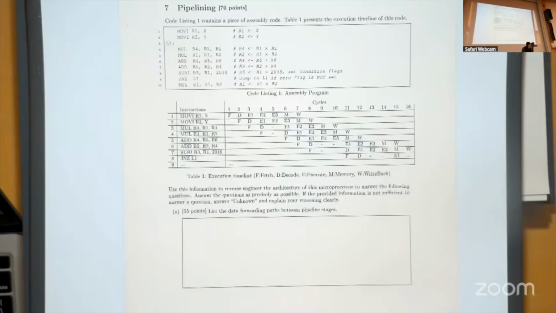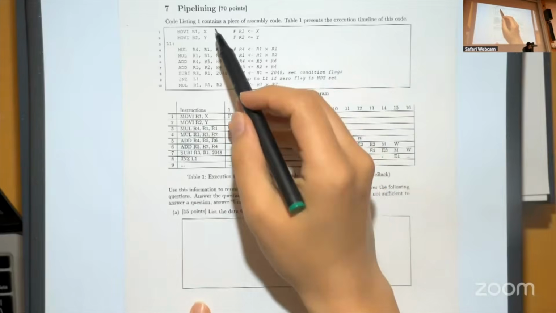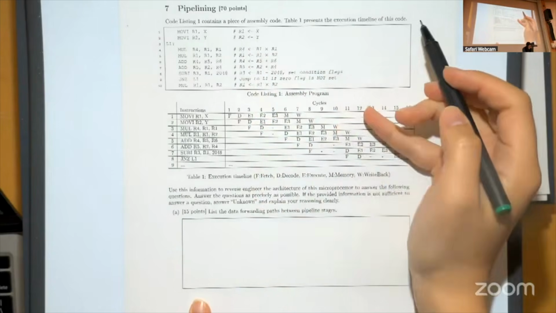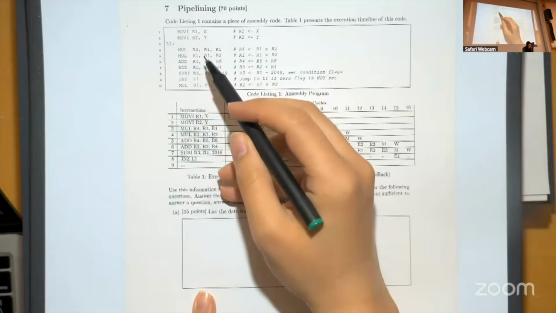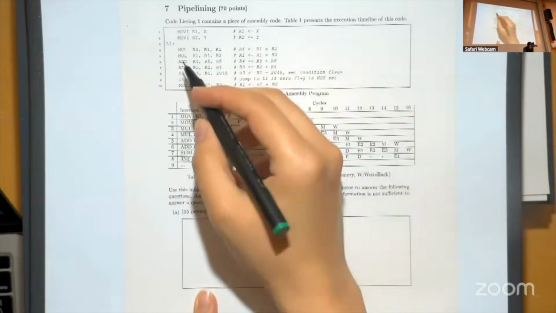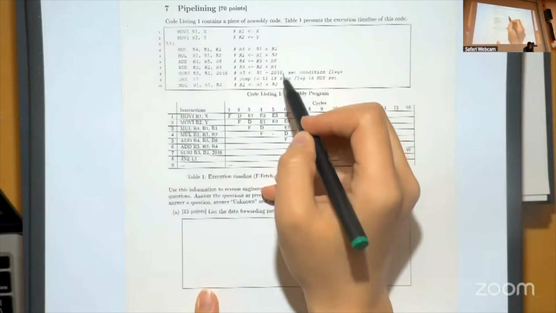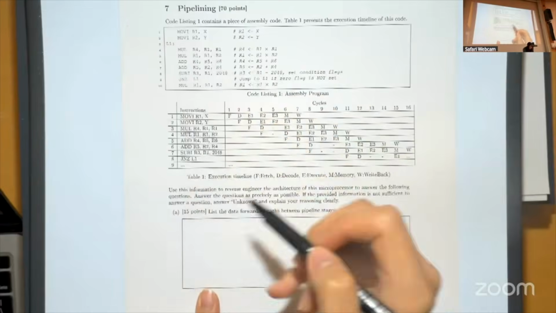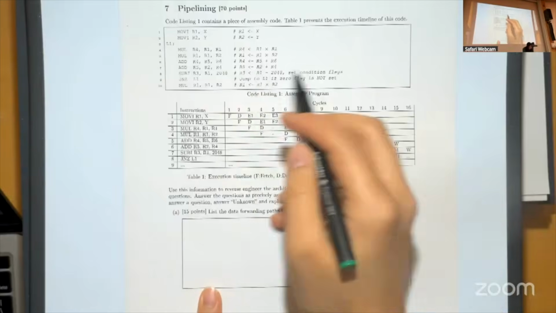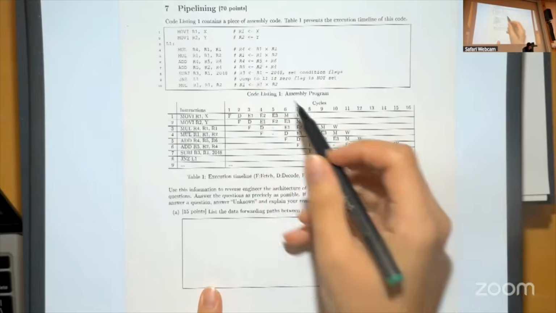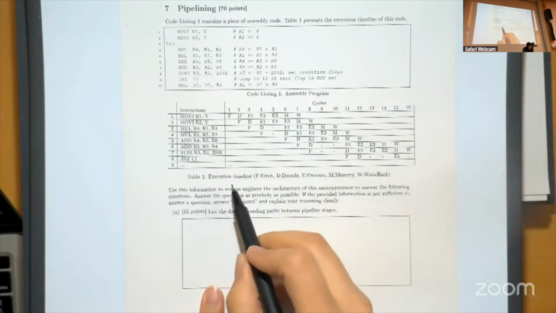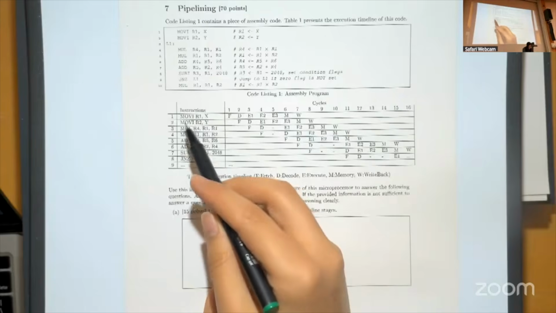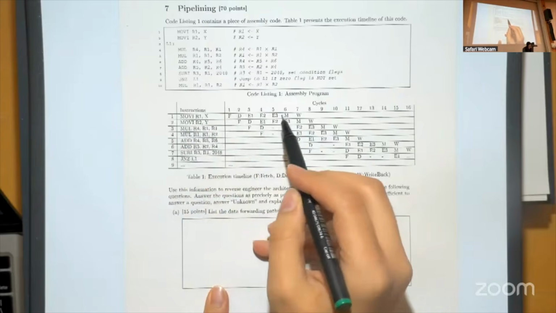Okay. Here we have a code listing which contains a piece of assembly code, and table 1 presents the execution timeline of this code. So right now we don't need to understand what this code does, but it's described in this comment side if you're struggling with the instructions. So everything is basically explained in this part, line by line. And next we have this execution timeline, which shows the pipeline stages that these instructions are in each clock cycle.